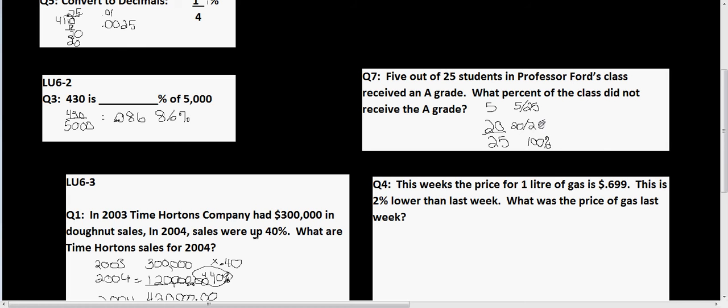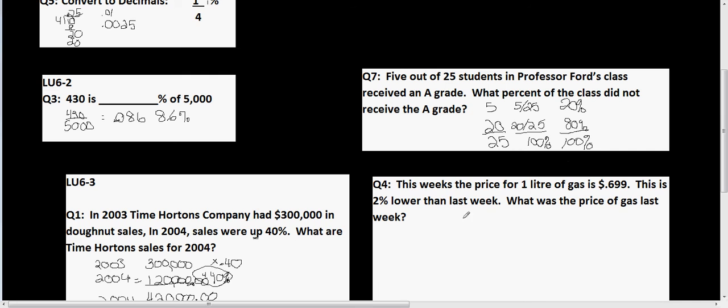The sum of these two will equal 100%. 5 goes into 25 a total of 20% of the grand total. 20 goes into 25 then 80% of the time, to give you a total of 100%. There we have it.